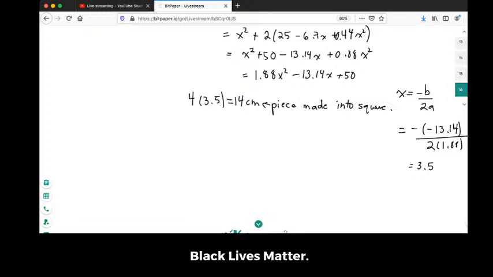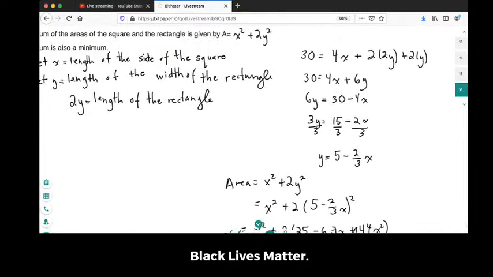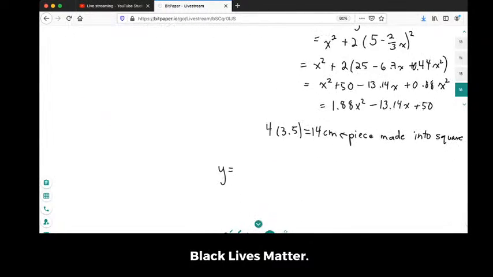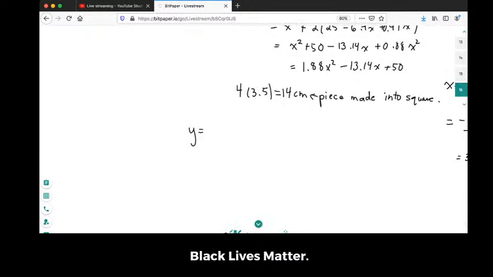Okay, let's find the piece made into the rectangle. So if we've got that information, we're going to find the piece made into the rectangle by using the equation that we had up here. Excuse me, guys. So this equation, y equals 5 minus 2 over 3x. Because if you recall, that's the equation we solved for earlier.